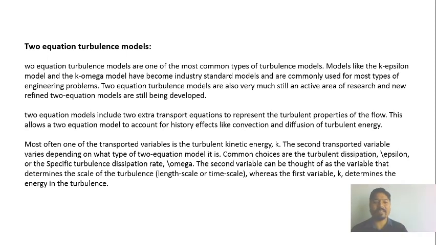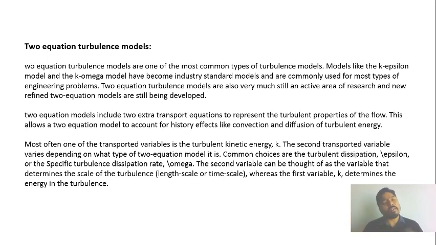Scale of turbulence means length scale. Okay, K, turbulent kinetic energy, you understand very easily. The kinetic energy which is available in that turbulent flow region is the turbulent kinetic energy. And the second, the specific dissipation rate, means the mixing length scale or the time scale, or the scale of the turbulence.